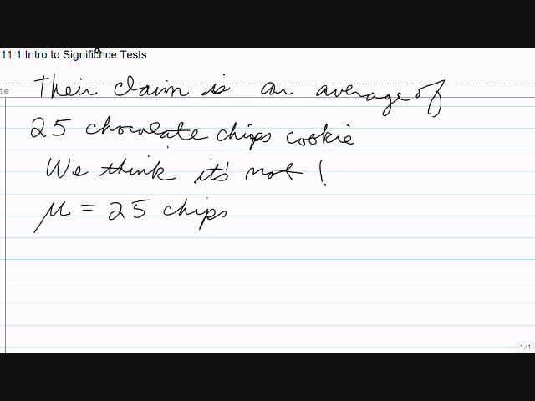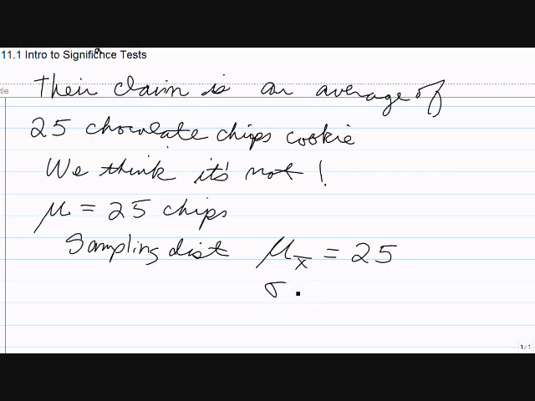And if that is true, then what does the sampling distribution look like? Well, the sampling distribution should have a center, same as the population. So the center of the sampling distribution should be 25.